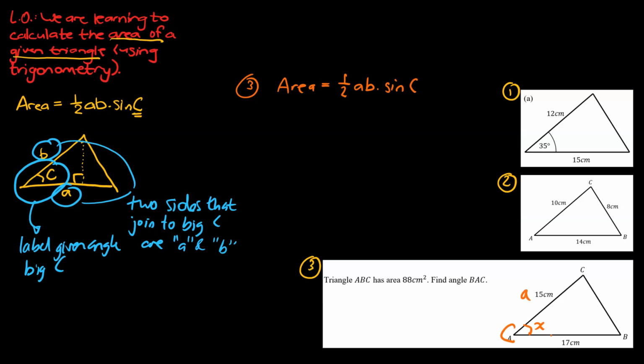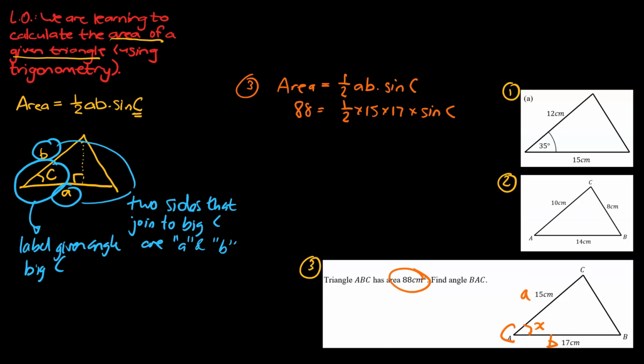A and B join together to make that angle. From here, we just substitute into our formula. So we know that the area is going to be equal to 88. So 88 is equal to 1/2 times A, which is 15, times B, which is 17, times sine C.